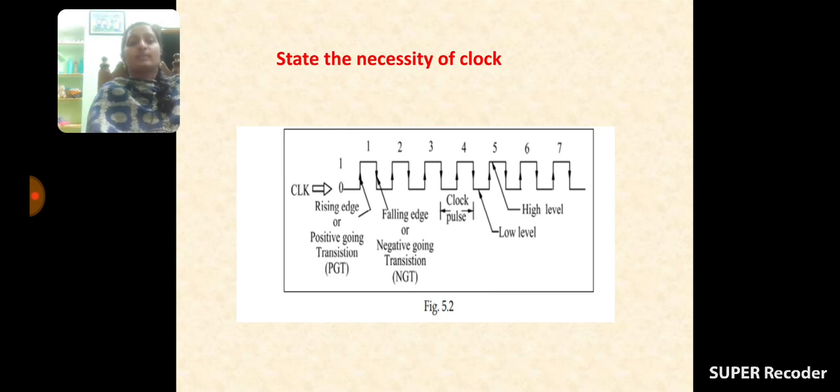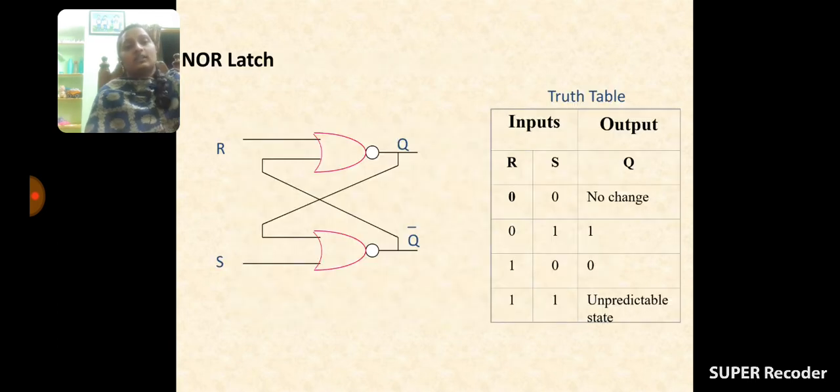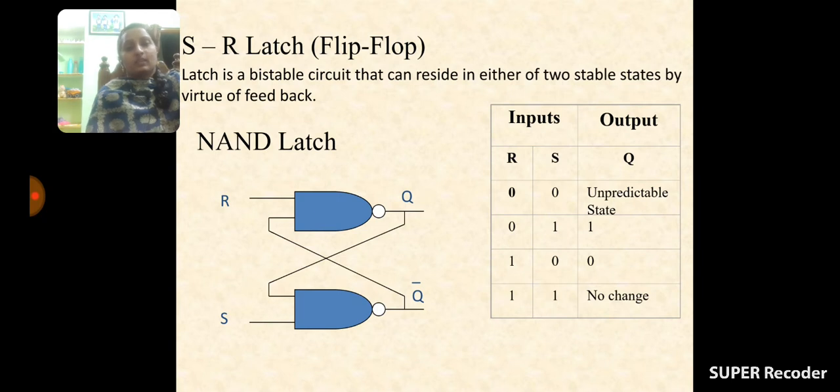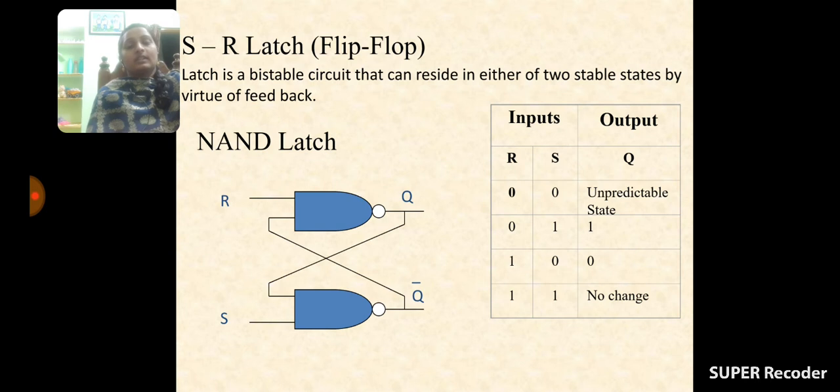Next, coming to the next topic, the necessity of clock. First of all, what is meant by clock pulse? The clock pulse, already in latches I explained to you. See, in the NAND latch, as both inputs are high, it will produce the output 0.